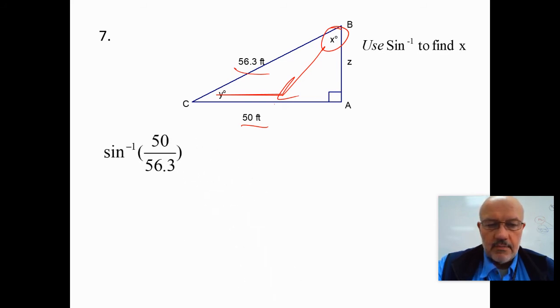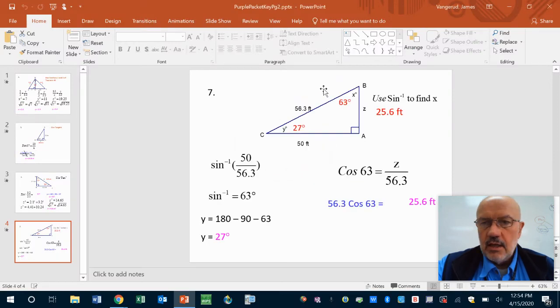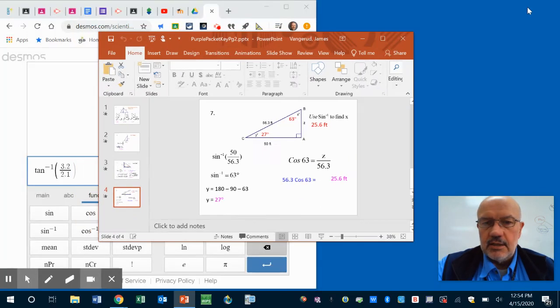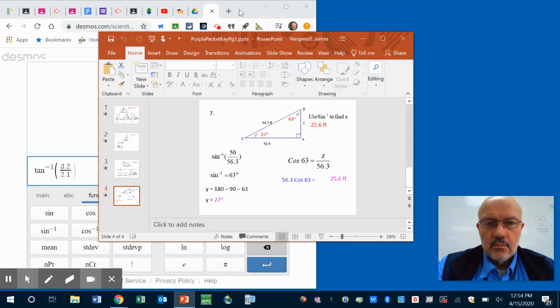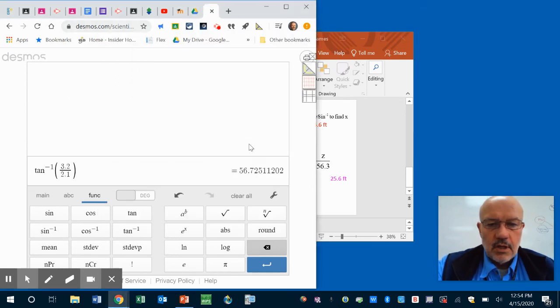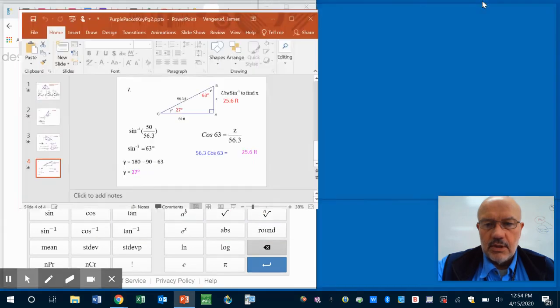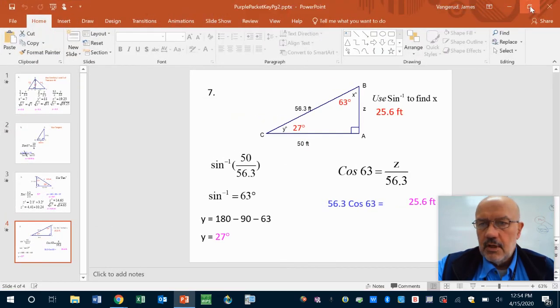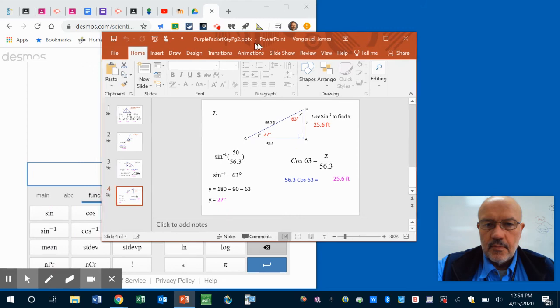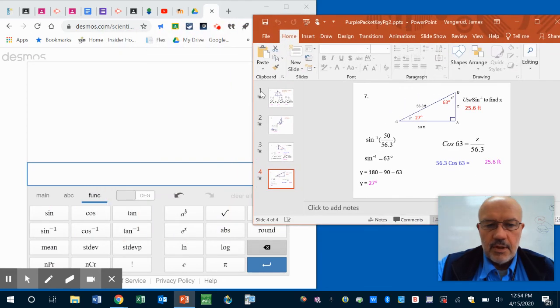So that would be inverse sine 50. So let's go ahead and hit the calculator up and see what that is. Clear this out. Get our information over here so we can see what we had. Whoa, wasn't the plan. Went too far with it.